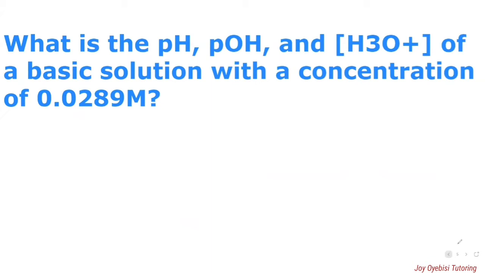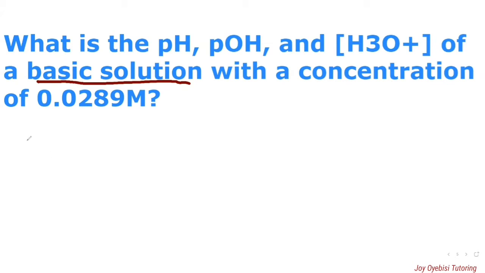Okay, now the next example is this. It says, what is the pH, pOH, and hydronium ion concentration of a basic solution with a concentration of 0.0289 molar? So we also have basic solution here, which means that we cannot start calculating with pH because what we have is a basic solution. And the relationship with a basic solution would have to do with pOH.